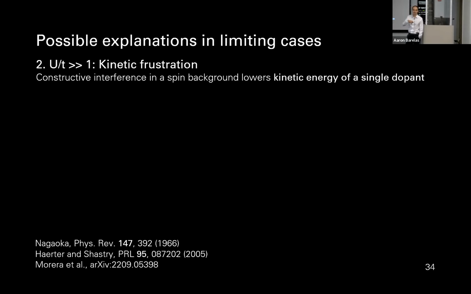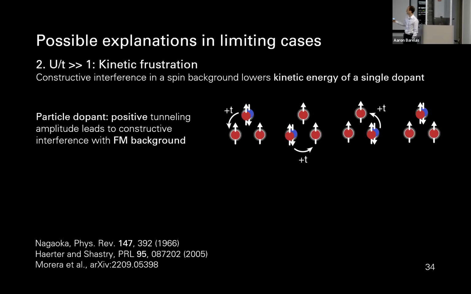Now the main difference between hole and particle dopants is essentially the sign of the effective tunneling of that dopant on the lattice. To be more explicit, a particle dopant can be considered as a normal particle and would hop around with a positive tunneling amplitude.